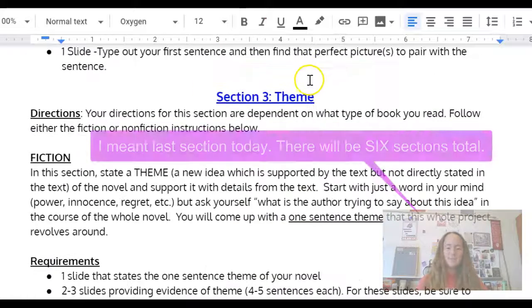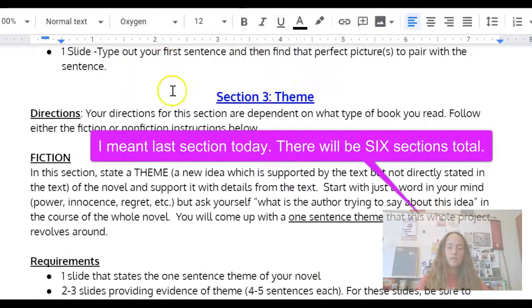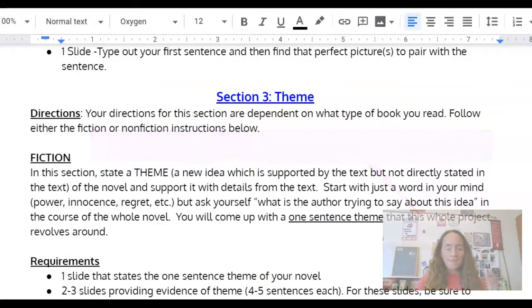All right, and then the last section is going to be section 3. I'm not going to get too much into this section today. I just want to point out how it's divided differently depending on what type of book you read. So we're going to be doing a lesson later in the week that covers theme and how to figure out the theme. So if you read a fictional story, what you're going to do is determine the theme, which is a new idea that the text is supporting, but it's not directly stated.